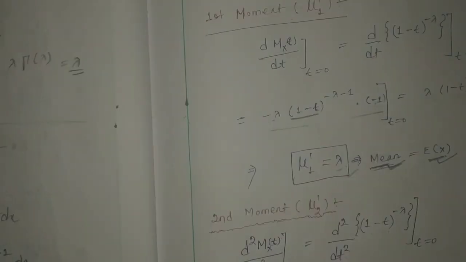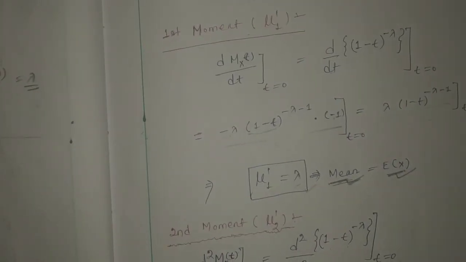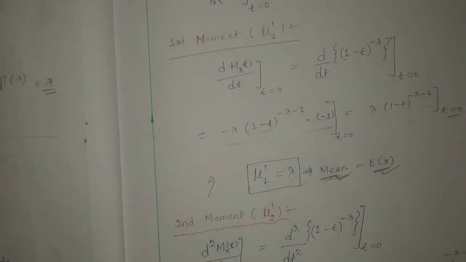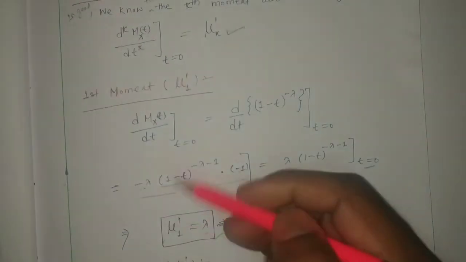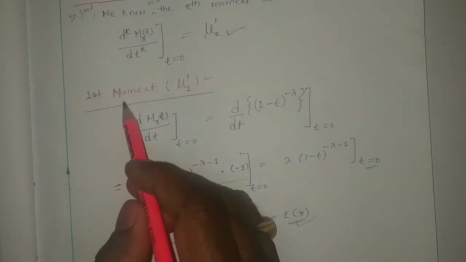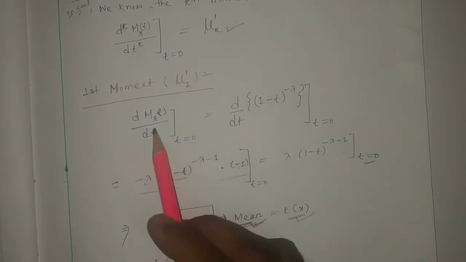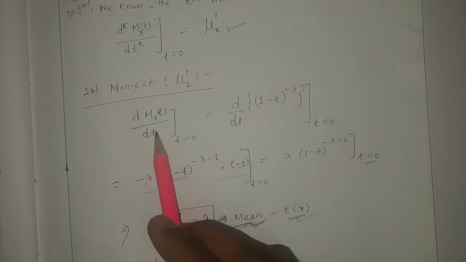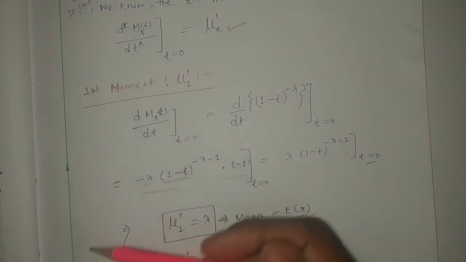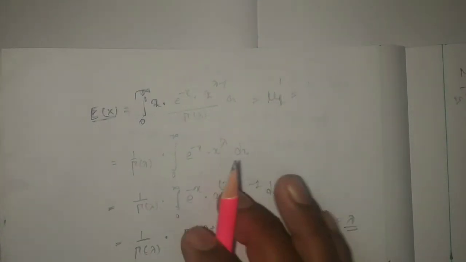Okay, so here we are going to verify one thing. Whatever we found here, the first moment and second moment, we found using the moment generating function. But these two moments, or any moment, can be found in this way itself, which we also discussed previously.